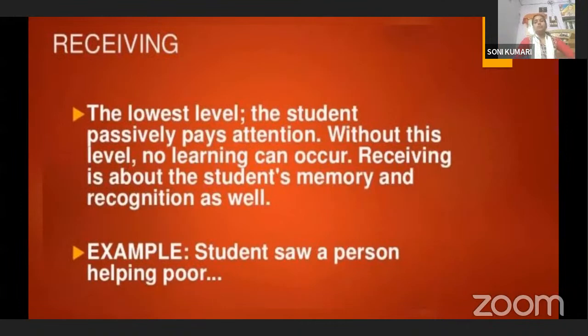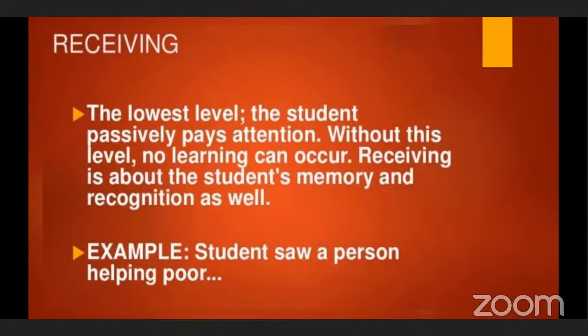Now I am going to define them one by one. The first is receiving. Receiving is the first element of the affective domain and the lowest level. The student passively pays attention.